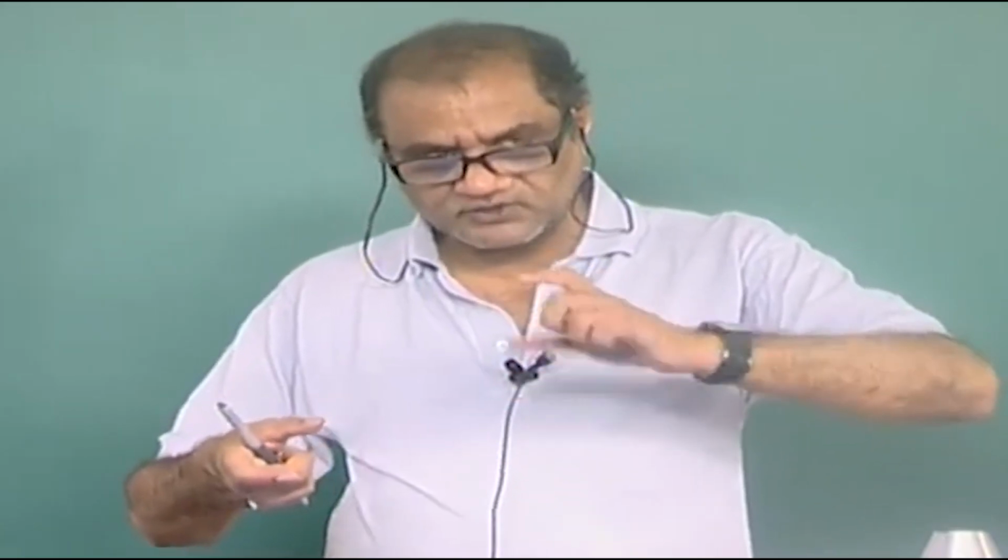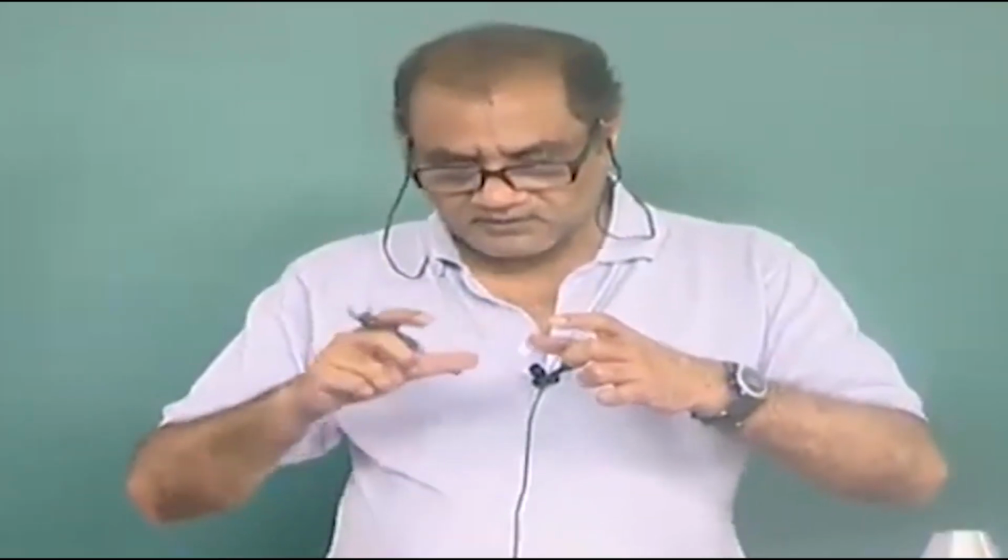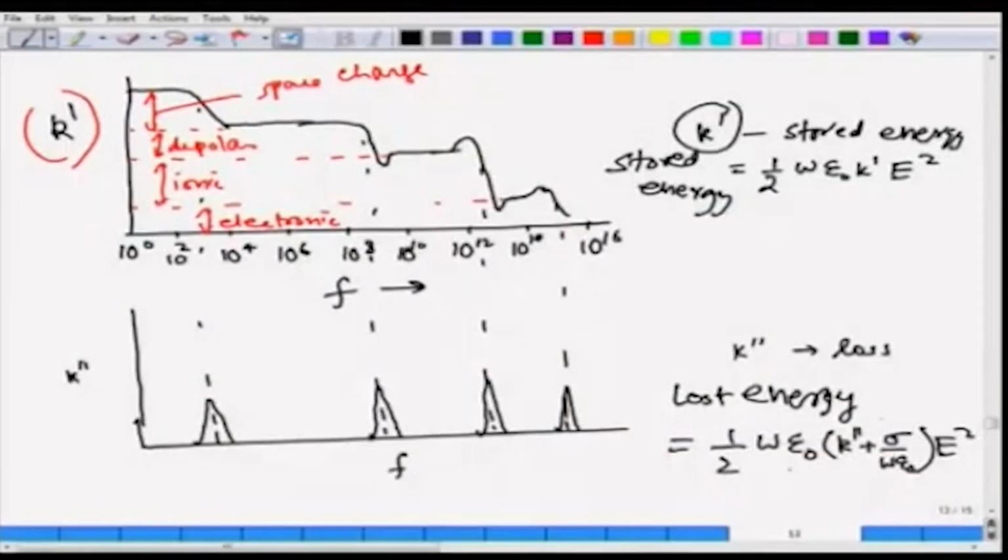If the polarization was able to switch at the same rate as the electric field, then we would have had only this K prime, and all stored energy. But because it was not able to follow, a phase difference emerges, and you start getting a loss. This quantity is the lost energy, which appears as heat, and water starts boiling, and you can cook your food. It is because of this energy that this is happening.